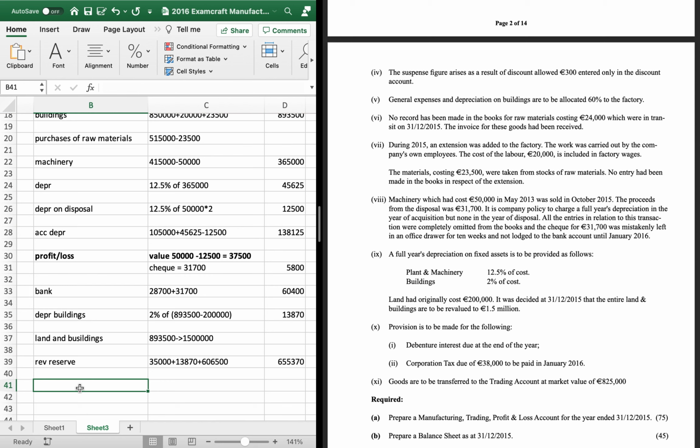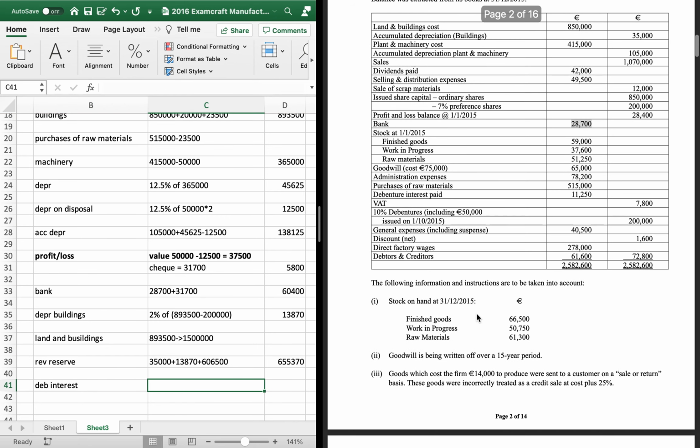Debenture interest due at the end of the year, so work out our debenture interest. We'll go up and have a look at our debentures. So they're 10%.